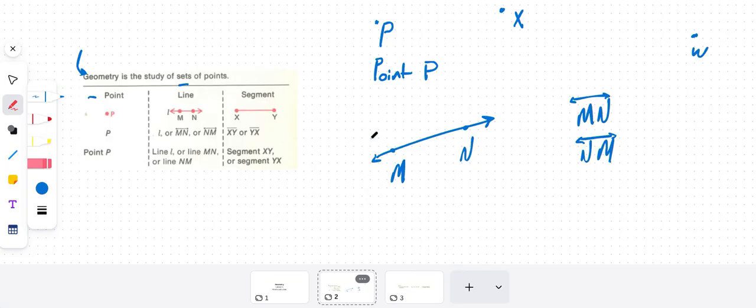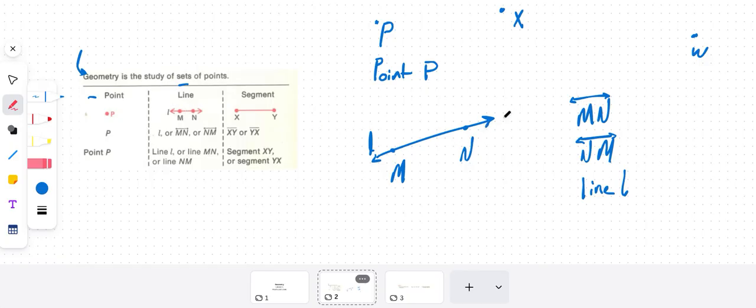Now sometimes in math books they'll have a small lowercase letter, and like this one here they have an italicized L. I'm doing a little cursive L. If you see that, you could also write line L. This is 3 ways I could refer to the same exact line. So if there was a question that said, what's this line? What's its name? You could say it this way, or this way.